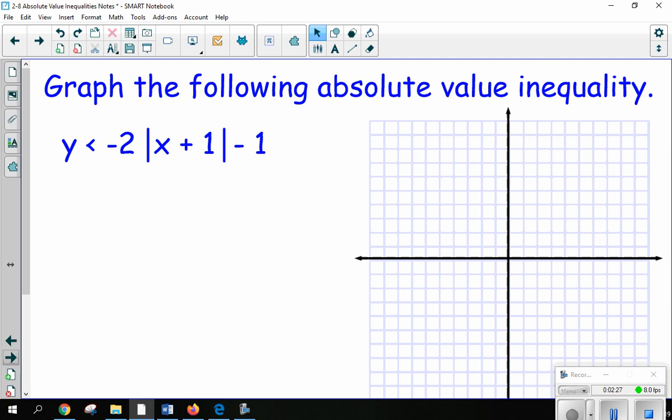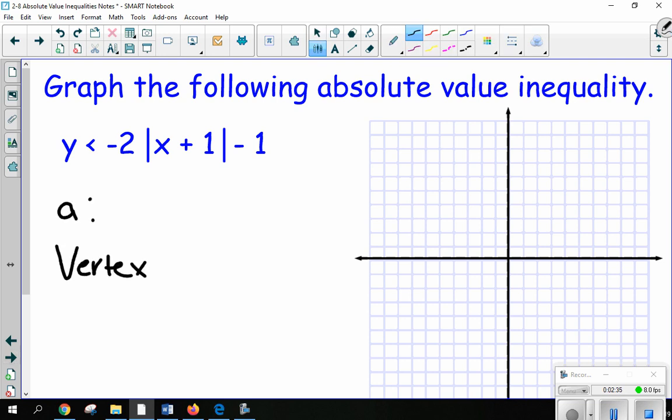So let's do an example. Graph the following absolute value inequality. Well, the first thing you have to do, just like you did yesterday, is decide your a value and your vertex. For this one, my a value is -2, which tells me it's going to be an upside down V with a slope of 2.